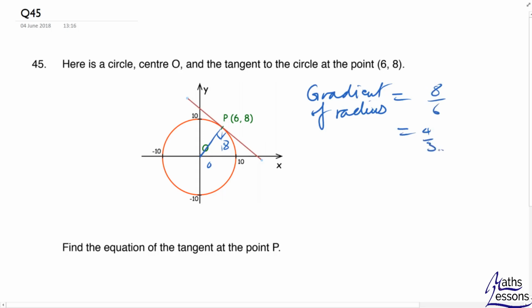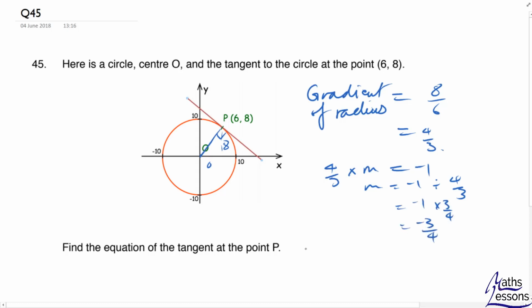Now to find, therefore, if that times together with the gradient of the tangent, we'll call m, gives you -1, then m must equal -1 divided by 4/3, which is the same as -1 times 3/4. That gives us -3/4.